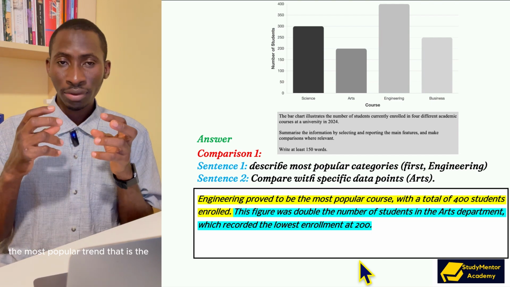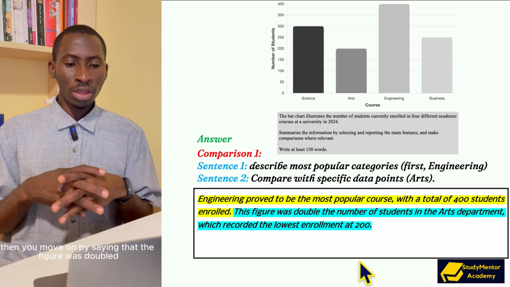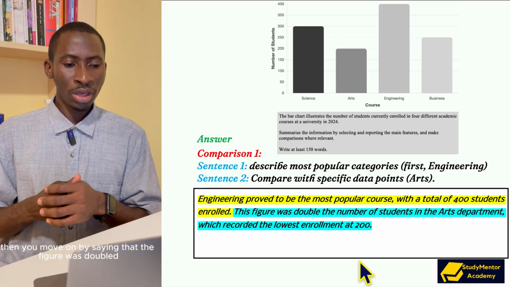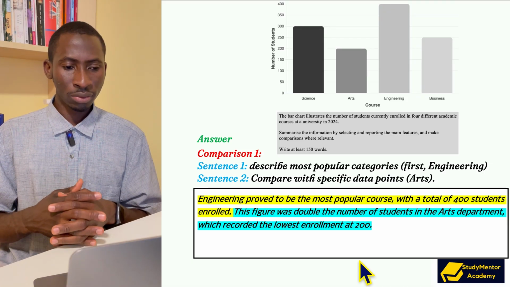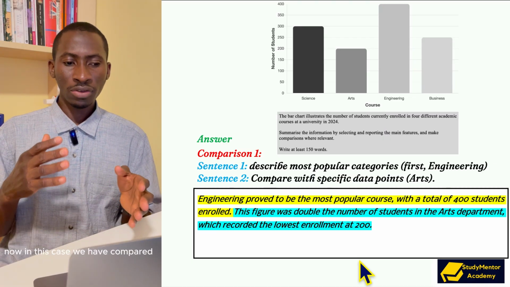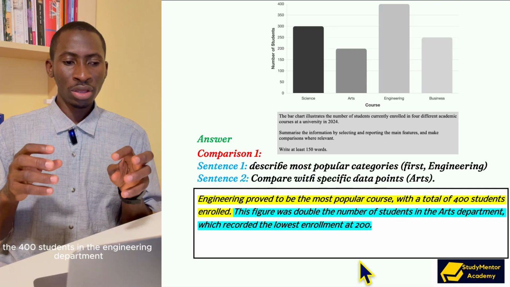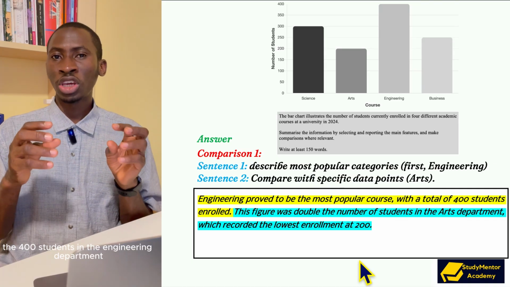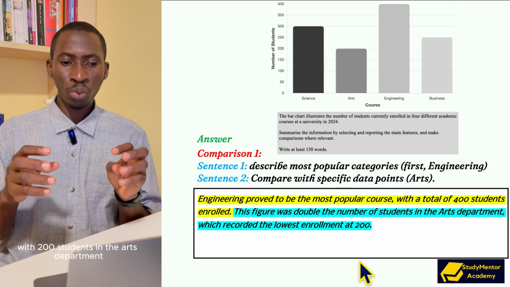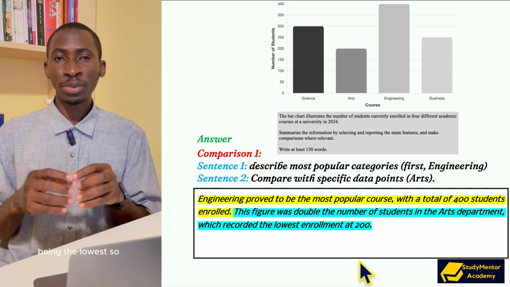That is the first sentence in that body paragraph. Then you move on by saying that the figure was double the number of students in the arts department. In this case, we have compared the 400 students in the engineering department with 200 students in the arts department, being the lowest.